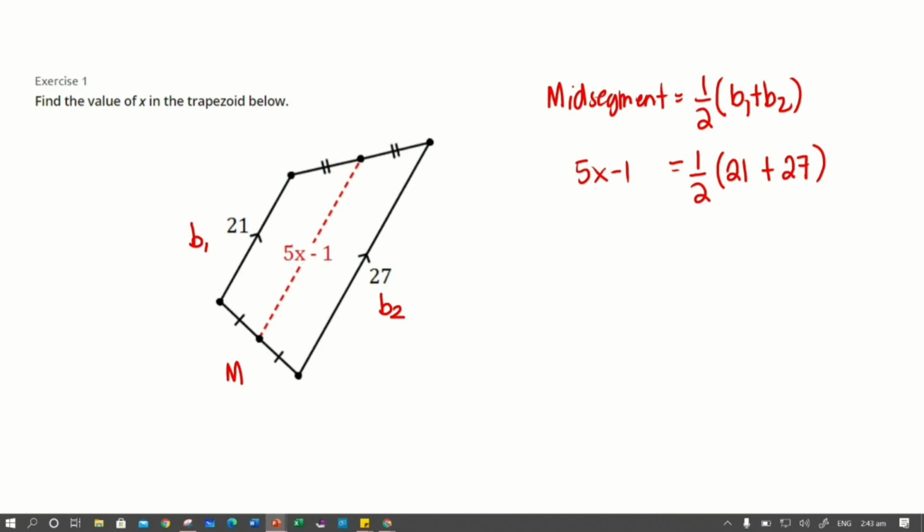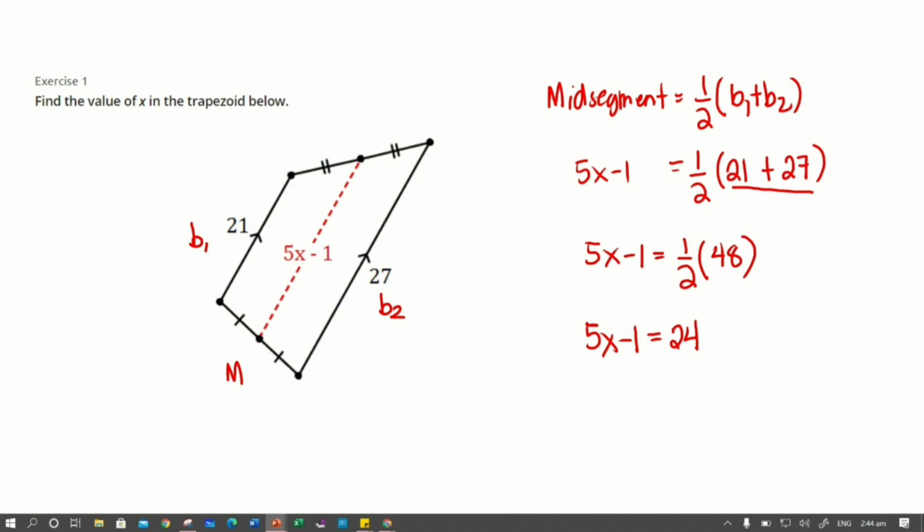Pwede natin gawin is we simplify first yung nasa loob ng parenthesis. That is 5x minus 1 is equal to 1/2 times the sum of these two. We have 21 plus 27, that is 48. Next is we multiply or we get 1/2 of 48. So, we have 5x minus 1 is equal to 1/2 times 48, that is 24.